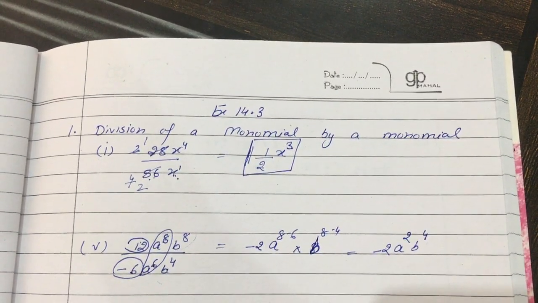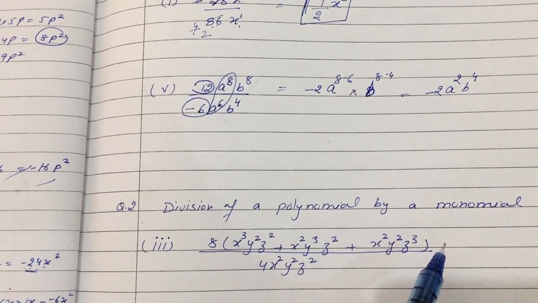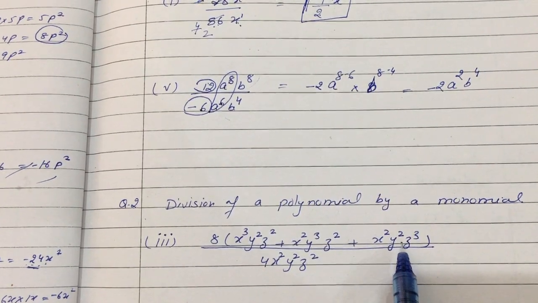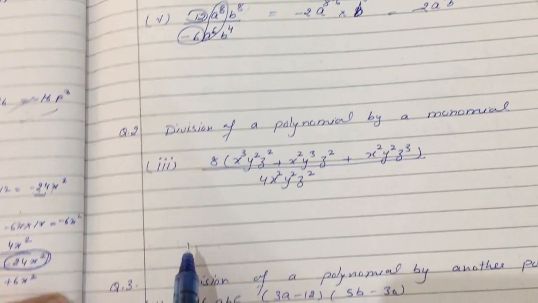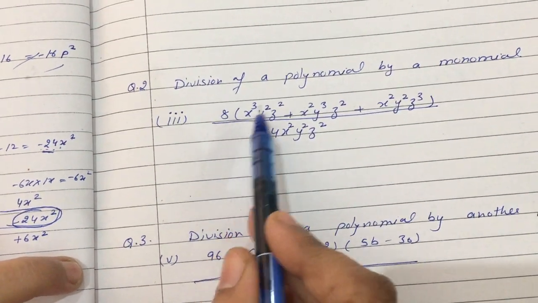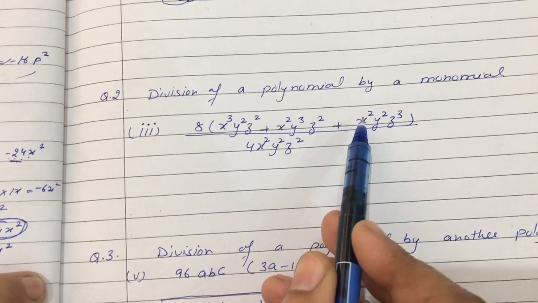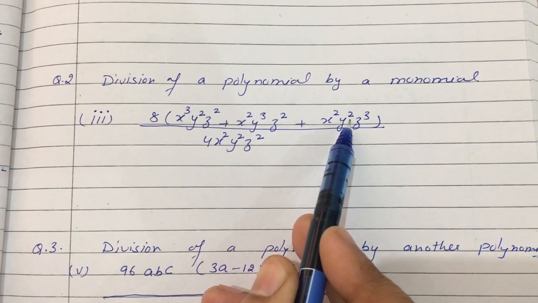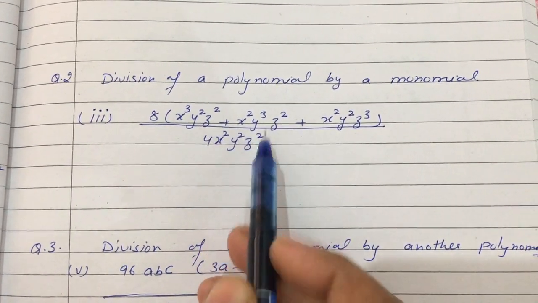Now another concept is the division of a polynomial by a monomial. As we are observing, in the numerator we have a polynomial, but in the denominator we have a monomial. So now what to do? When we divide a polynomial by a monomial, we will use the concept of the distributive property. So we will take common as much as possible, meaning the maximum part we will take common.